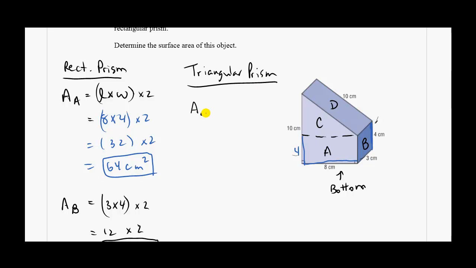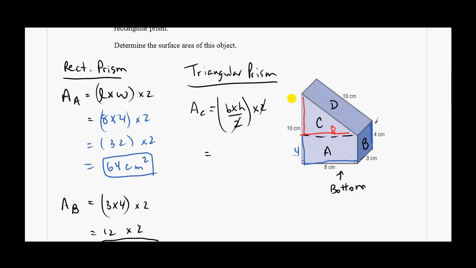The area of side C, triangle, base times height, divide by 2. There's a front and a back triangle of the same dimension, so we will double the formula. We recall that the 2's cancel out. So the base of this triangle is 8. The height is not 10.